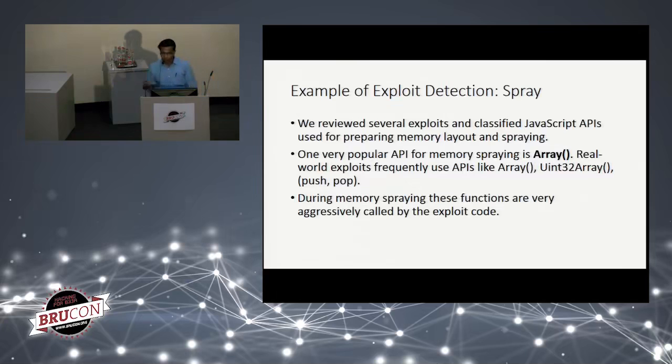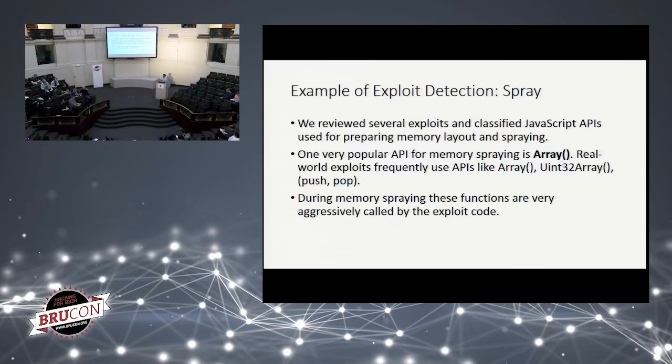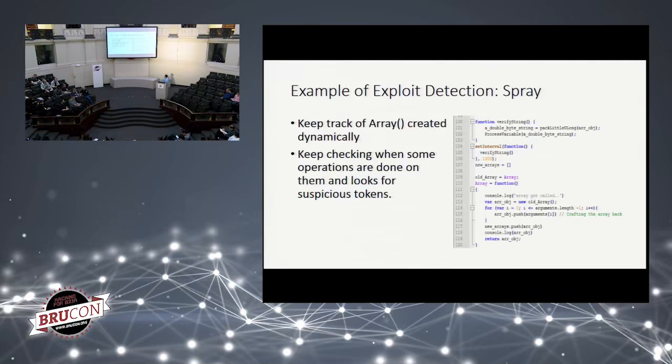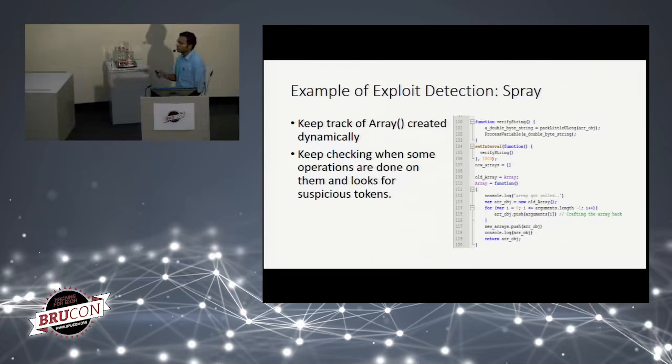Throughout the process we have reviewed several browser exploits, and based on that, we have chosen a couple of APIs that are used very often by attackers to do memory spraying. One of those is Array, Int32Array, and so on. This code snippet shows how the Array function can be hooked to detect memory spraying.